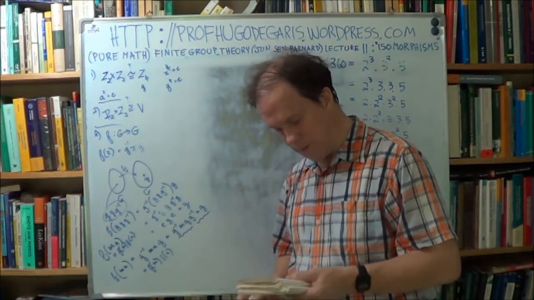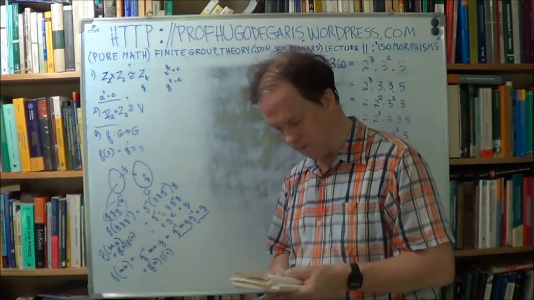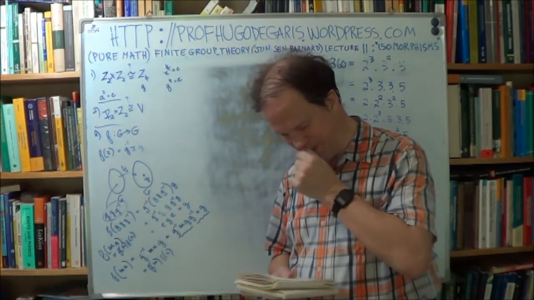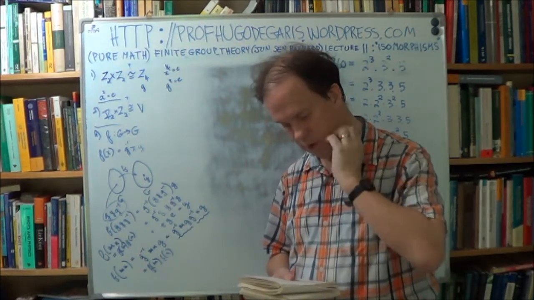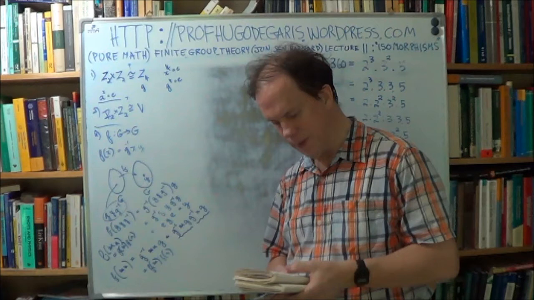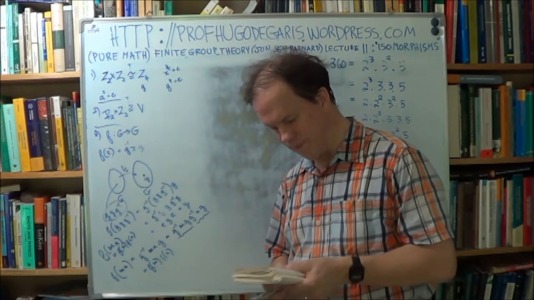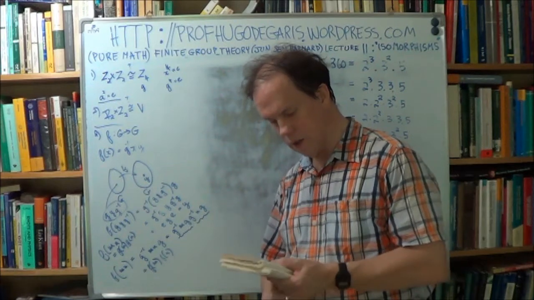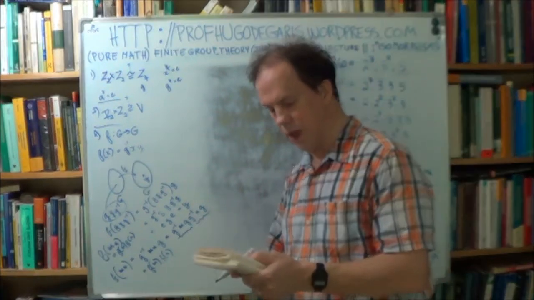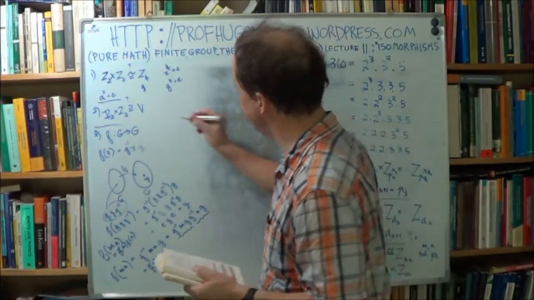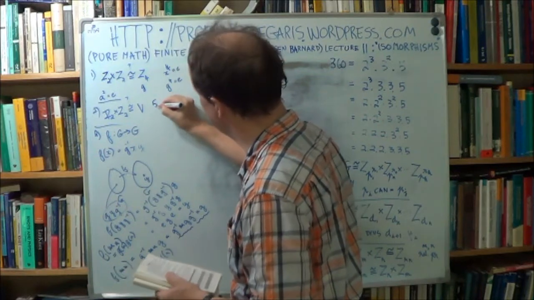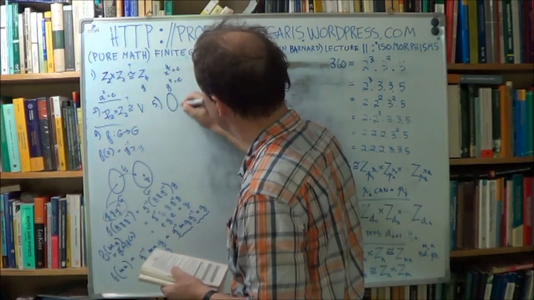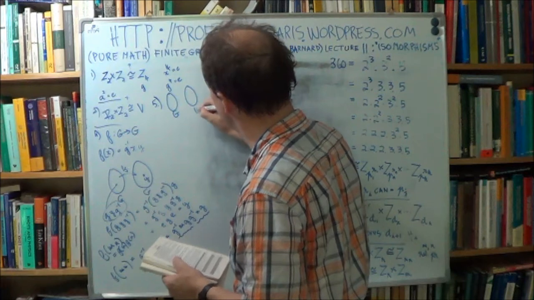Question 5: you have two groups, G and H. They are isomorphic, so you have a mapping between them. That is an isomorphism. The mapping F is isomorphic. So you've got G and H, two groups.